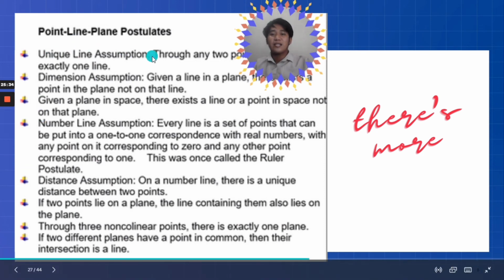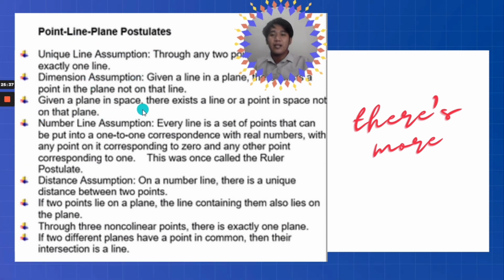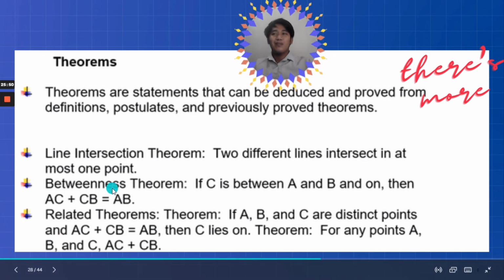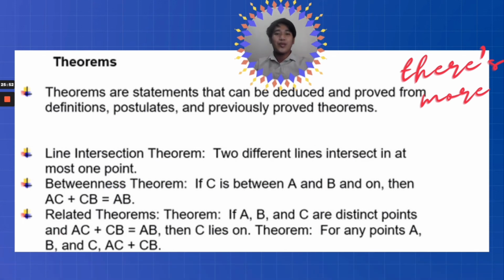Okay, we have the unique line assumption, dimension assumption, given a plane in a space, number line assumption. There's so many postulates. Okay, and then let's proceed with theorems. We have the line intersection theorem, betweenness theorem. I hope these theorems and postulates that we will not discuss this time will arouse your curiosity and the engagement that you want to explore and excel in these topics more.